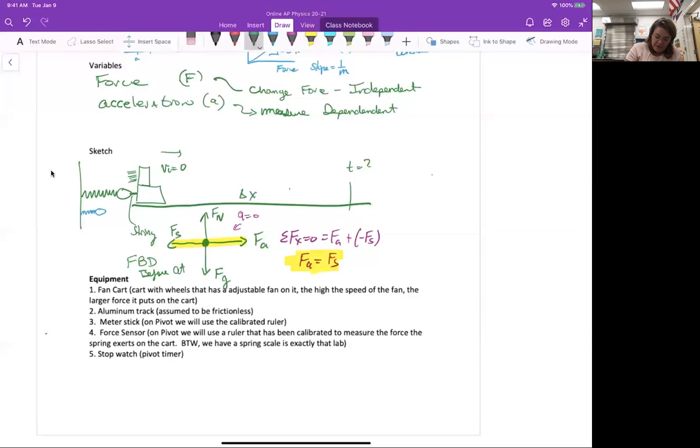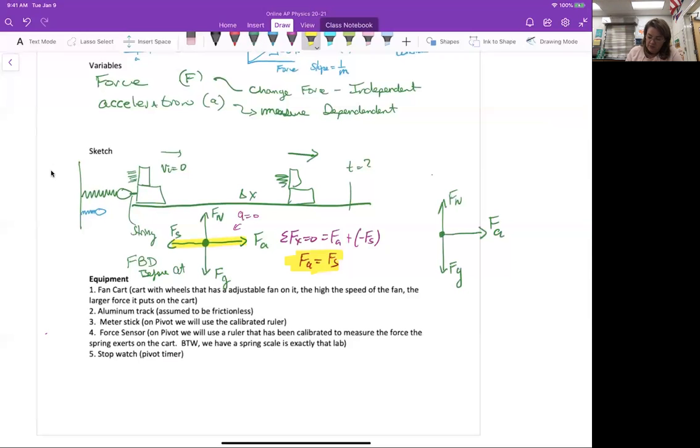So one last thing. As the fan and the cart are moving, because now it's taken off, I want to draw the free body diagram in that situation. I still have my force normal, that's pushing upwards on the cart from the track. I still have force of gravity. The fan is still on, but the spring is no longer a part of the equation because we cut the string and now it took off.